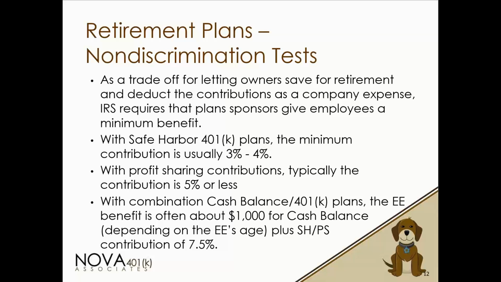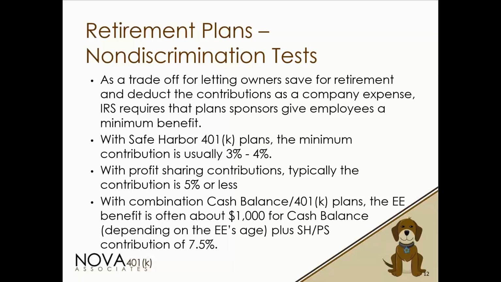So if you give everybody 3% safe harbor non-elective contribution, then clearly that's not discriminatory because everybody's getting 3% of pay, even though the highly compensated make more money. So their 3% of their higher pay is more of a contribution on a dollar basis. Percentage-wise, it's the same.